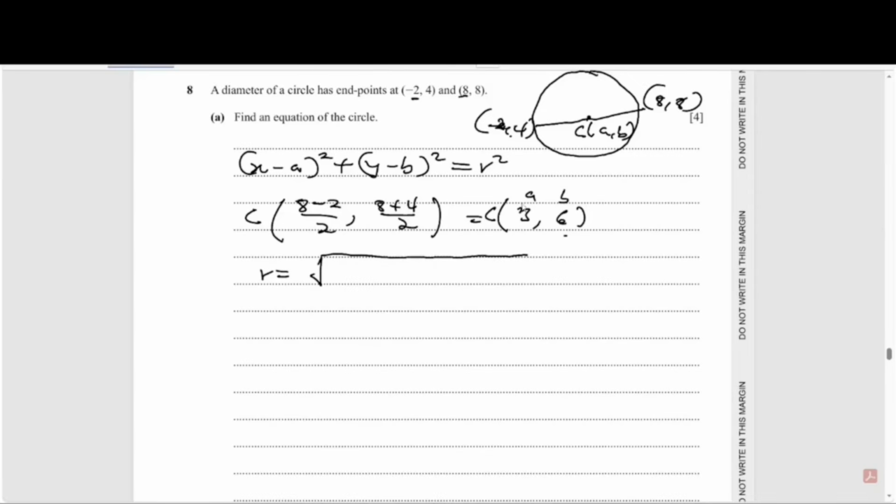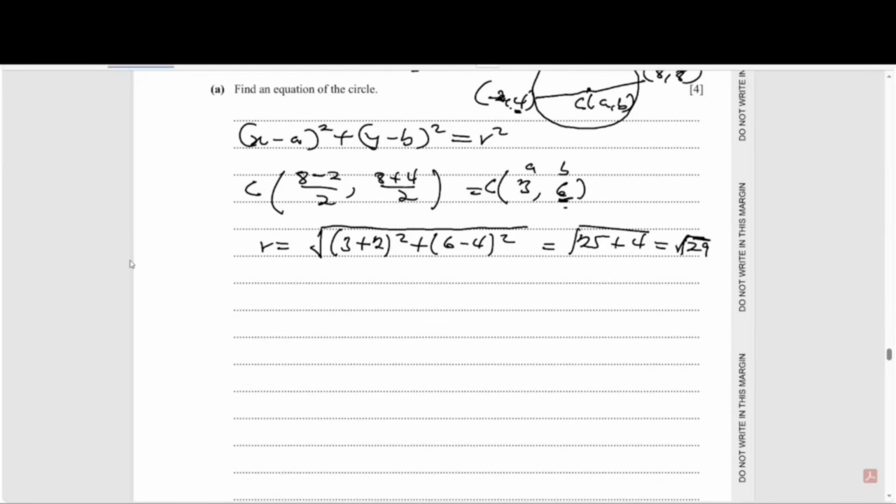So first 3 minus -2, so that gives us 3 plus 2 all squared, and then plus 6 minus 4 all squared. Now we have 5 squared, so 25, and then 2 squared, 4. So the radius is root of 29 units.